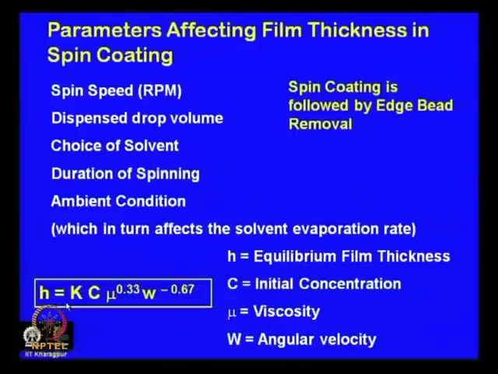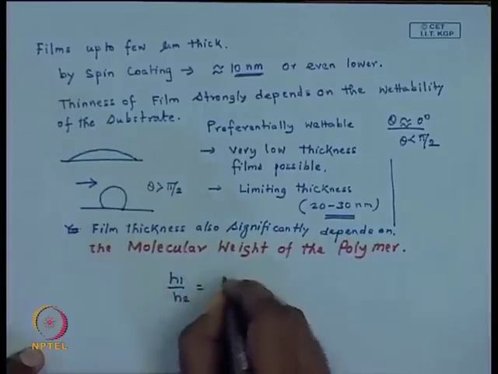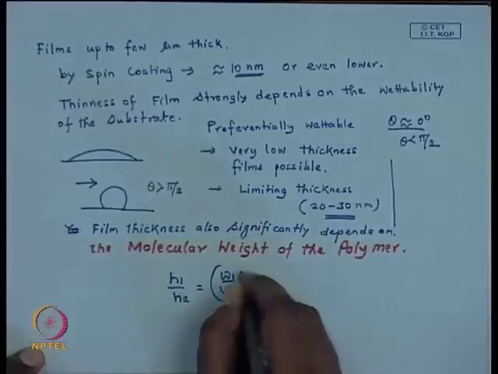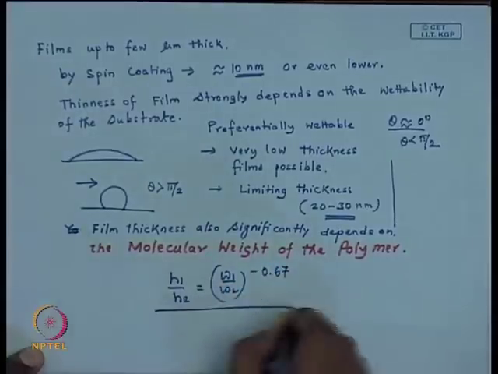But what is very significant here is that if you know the film thickness you have obtained for a particular concentration of a particular polymer, or for a particular solvent volume, then you can very easily predict the film thickness if you change the RPM, because in that case H1 by H2 merely reduces to omega 1 by omega 2 raised to the power minus 0.67, showing a nonlinear dependence.